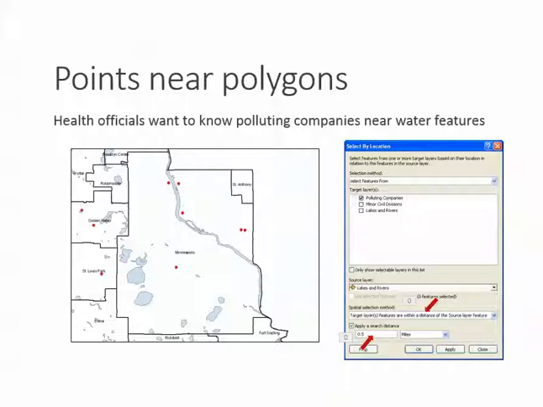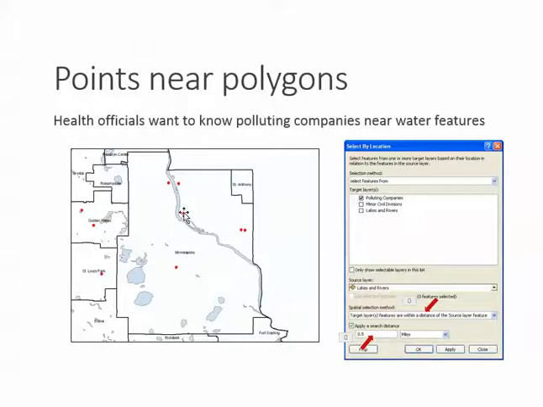The target layer is the polluting companies, that's what's going to be selected, and the source layer is our water bodies, our lakes and rivers. The selection method in this case is target layer features that are within a distance of the source layer, and the distance radius that we are applying is a half-mile radius.